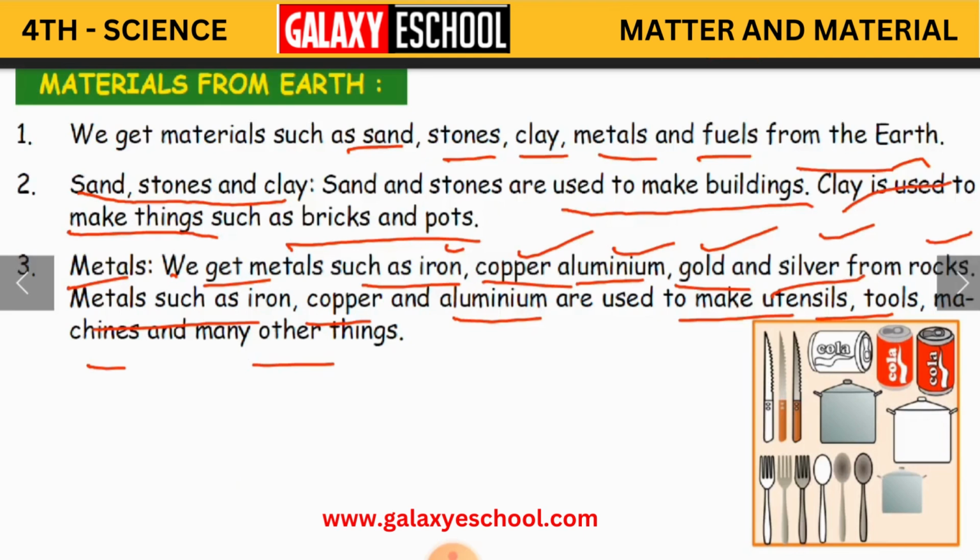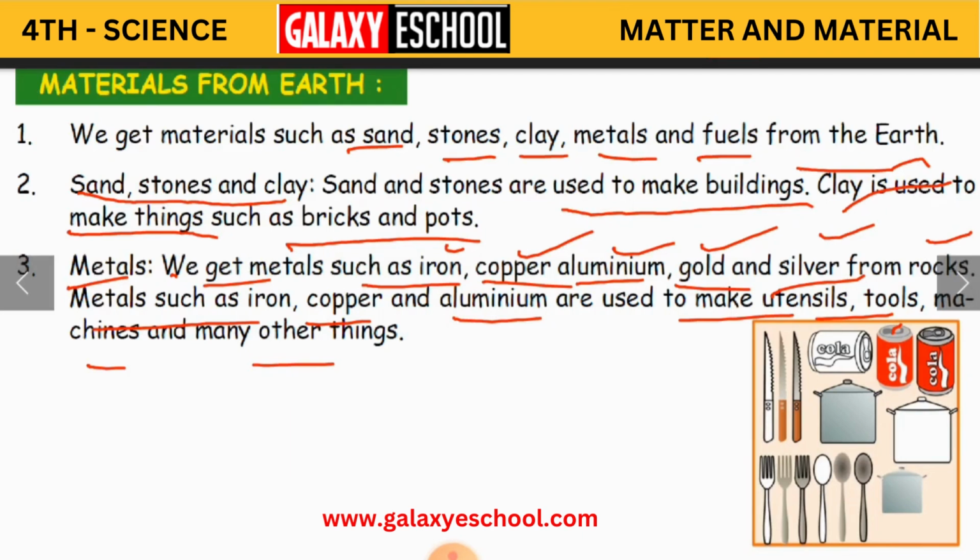Apart from that, we also use them to make tools, like agriculture tools, carpentry tools and all that. We also use iron, copper and aluminum to make machines, even vehicles. To make these vehicles and all that, we use these metals.